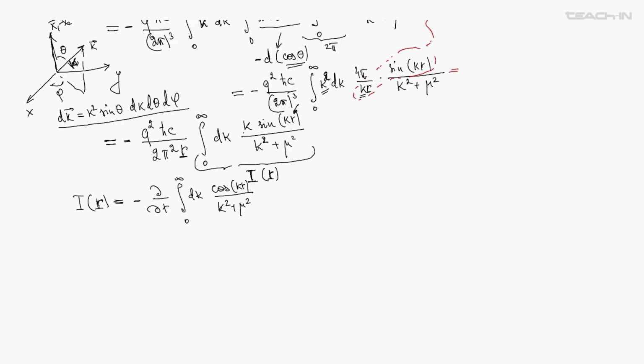So you can write this as a derivative with respect to r of this cosine integral, and then this cosine you represent as a difference of two exponentials, and in fact you also expand the denominator into simple fractions and make integration from minus to plus infinity, using the fact that you are dealing with an even function of k.